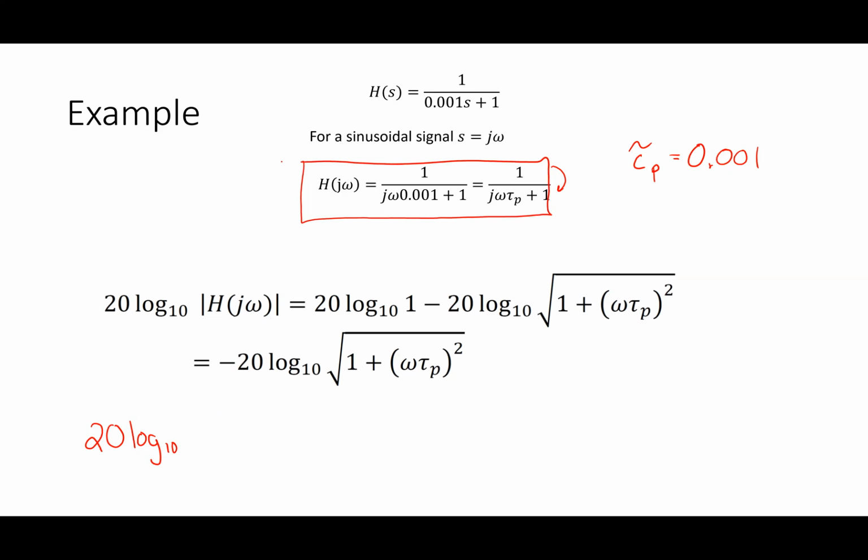How do I take the magnitude of that? I don't want a number, I want a function of omega, so we have to do it the long way. It's the magnitude of the top divided by the magnitude of the bottom. What's the magnitude of the top? 1. What's the magnitude of the bottom?